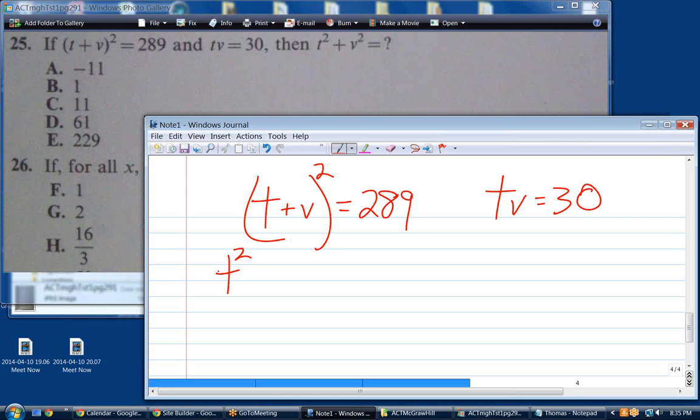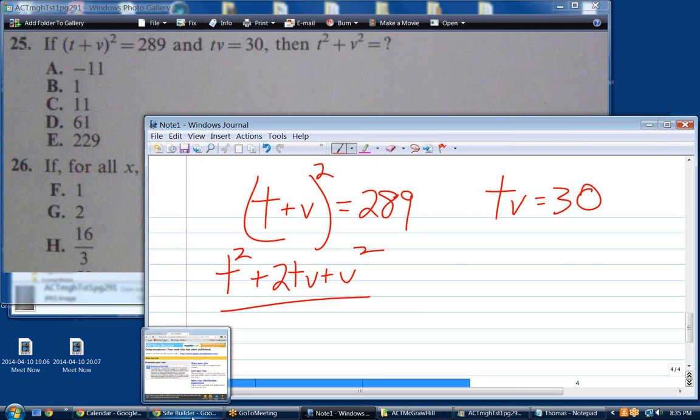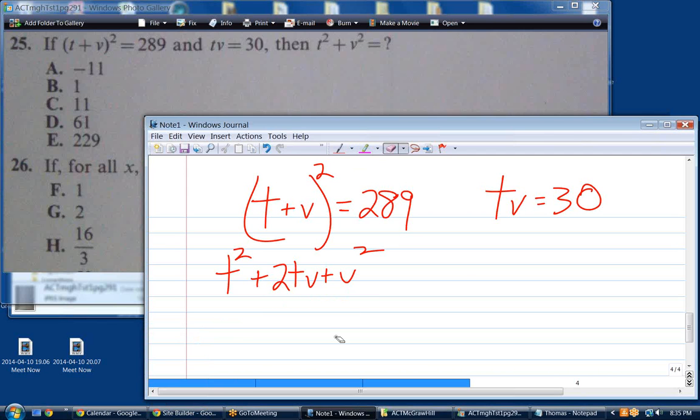Let me tell you what it is. It's t squared plus 2 times t times v, always, plus v squared. In other words, rather than foiling that, just memorize it. It's always that. And a minus b quantity squared is the same thing, only it's a squared minus 2ab plus b squared.